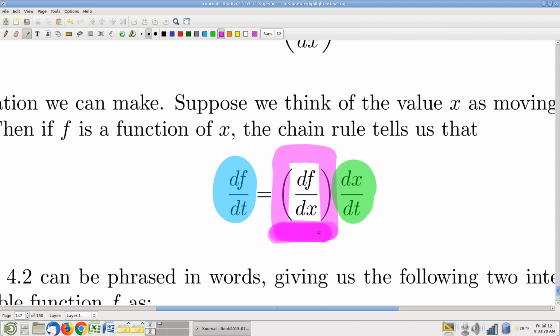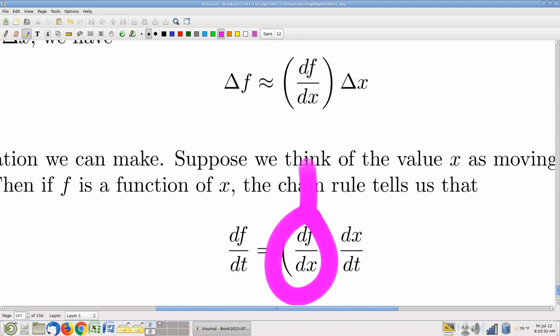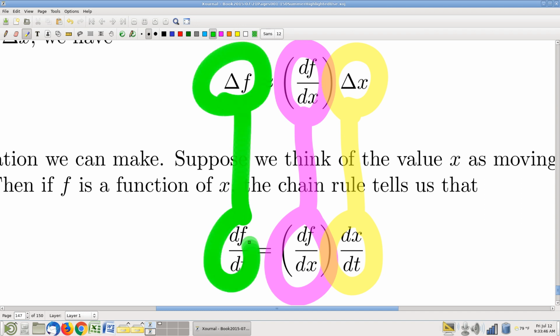Right. So in both cases, look at both of these formulas, it's a neat fact. In both cases, even though we've thought of these formulas as being pretty different in single variable calculus classes, in both cases the derivative is a relationship between what I'm loosely going to call input changes and output changes.